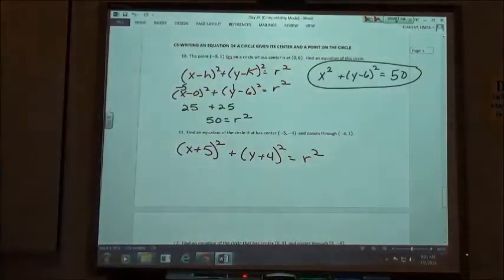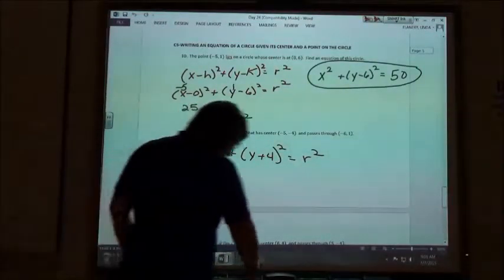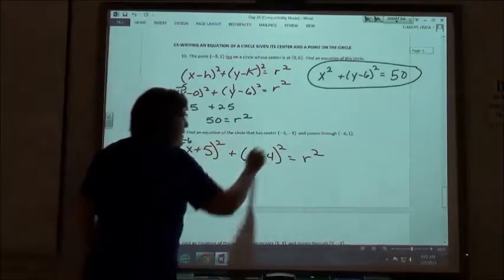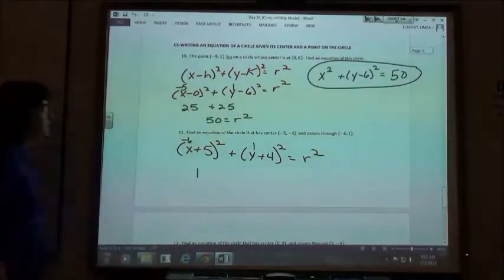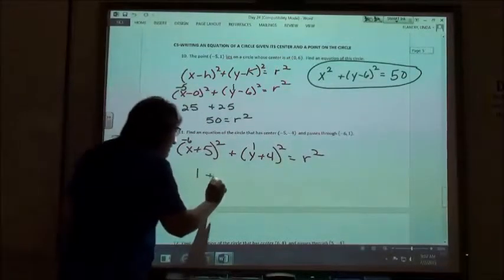So (x + 5)² + (y + 4)² = r², and then we've got to find what r² is equal to. So we're going to put -6 in for x, 1 in for y, and so on. -6 plus 5 is -1. -1 squared is positive 1. 1 plus 4 is 5. 5 squared is 25.